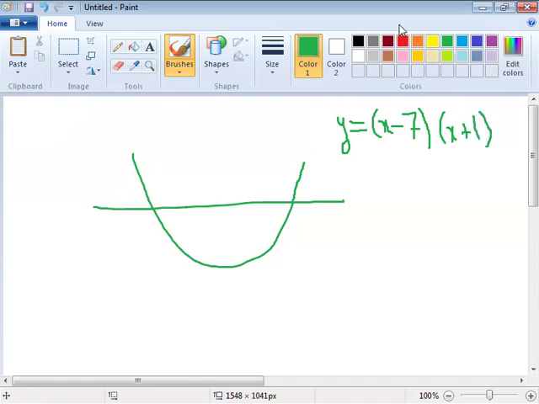What are your x intercepts? -1 and 7, right? यहाँ पे हमें पता है -1 पे कट कर रहा है. यहाँ पे we know it is cutting at 7. Is that right? Curve is symmetrical.